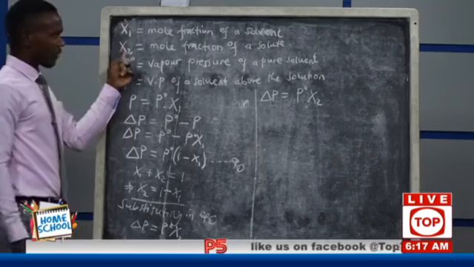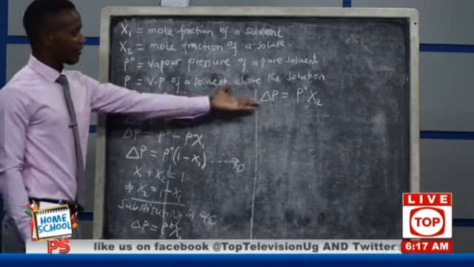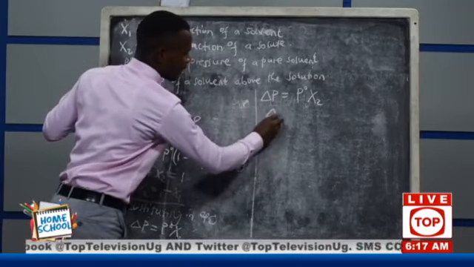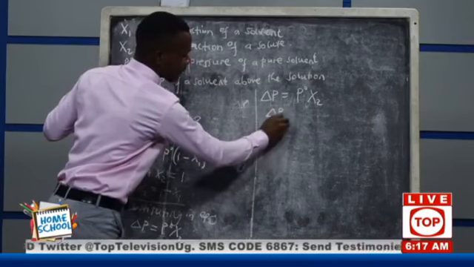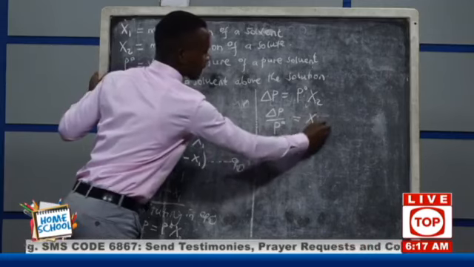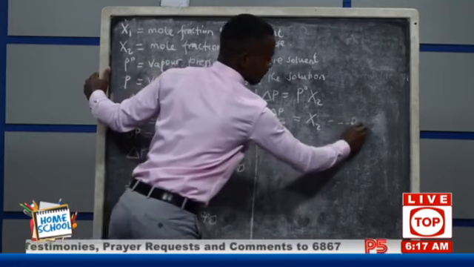X2 is the mole fraction of the solute. So we can make the change in vapor pressure divided by the vapor pressure of the pure solvent equal to x2.